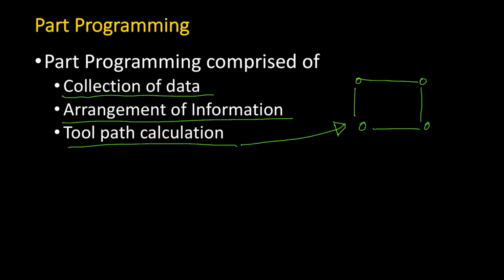Then arrangement of information: you have to arrange that information in a proper sequence in the block. A block is basically a line of instructions composed of alphanumeric codes. Okay. Now other data which you have to collect before doing the part programming are the cutting conditions.